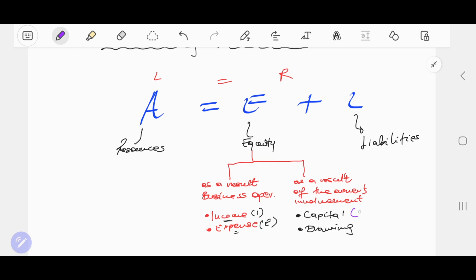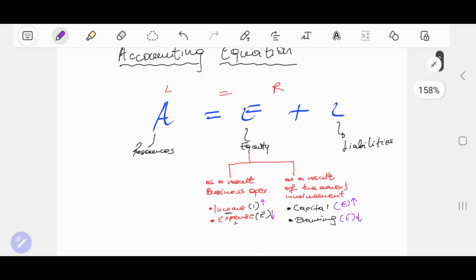So that is going to be your capital. This is going to increase equity. Income also increases equity. Expenses decrease equity. And then drawings is when the owner takes out resources from the business. So this is going to reduce equity. Equity is going to go down.